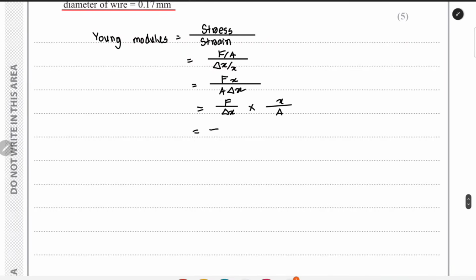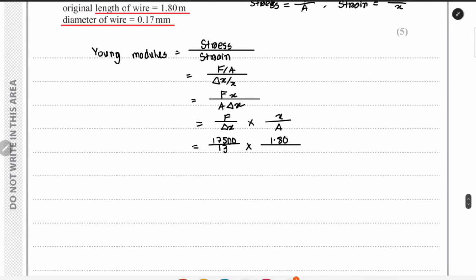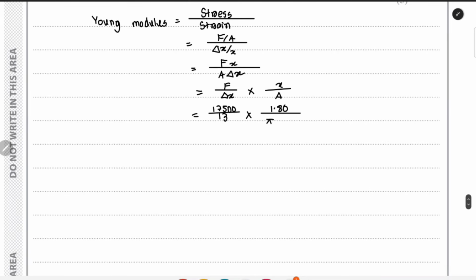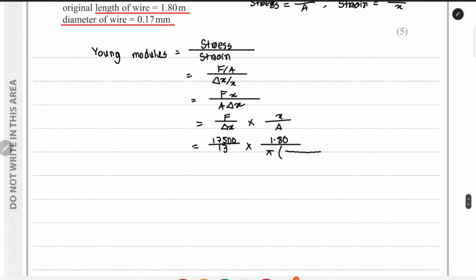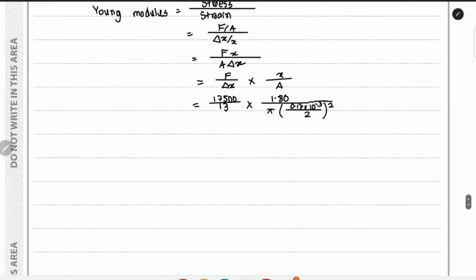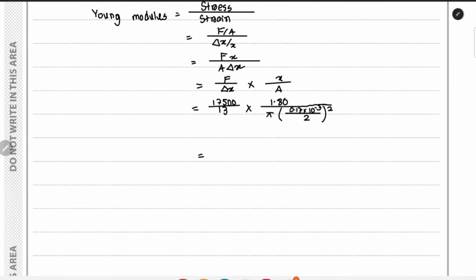We know F by del x to be 17,500 by 13. We are given the original length, which is 1.80, and the cross-sectional area will be pi r square or pi d by 2 whole square, which is 0.17 into 10 to the power minus 3 by 2 squared. So we'll get an answer of 1.07 into 10 to the power 11 Pascal.